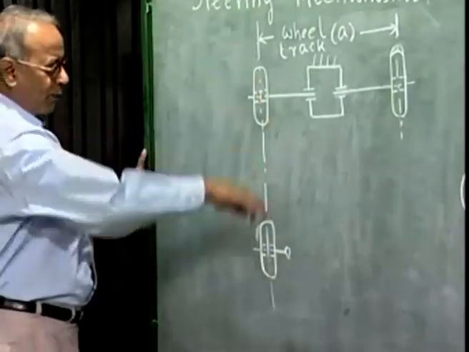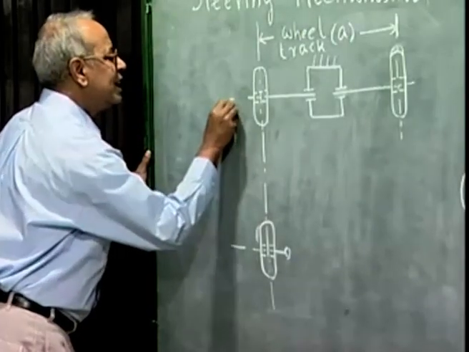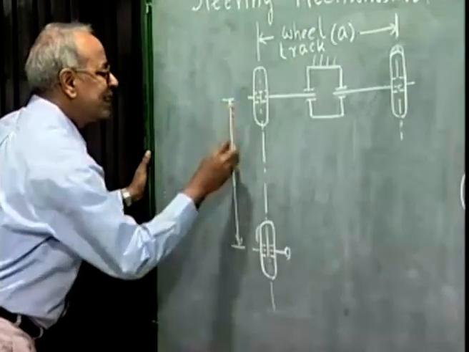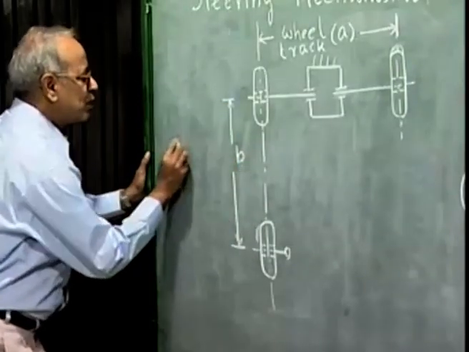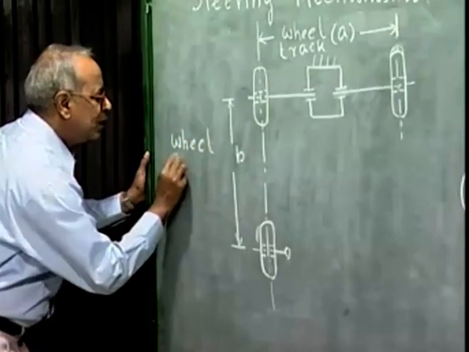This is the top view of the car, and the distance between the rear axle and the front axles, this distance let me call B, which is called the wheel base.